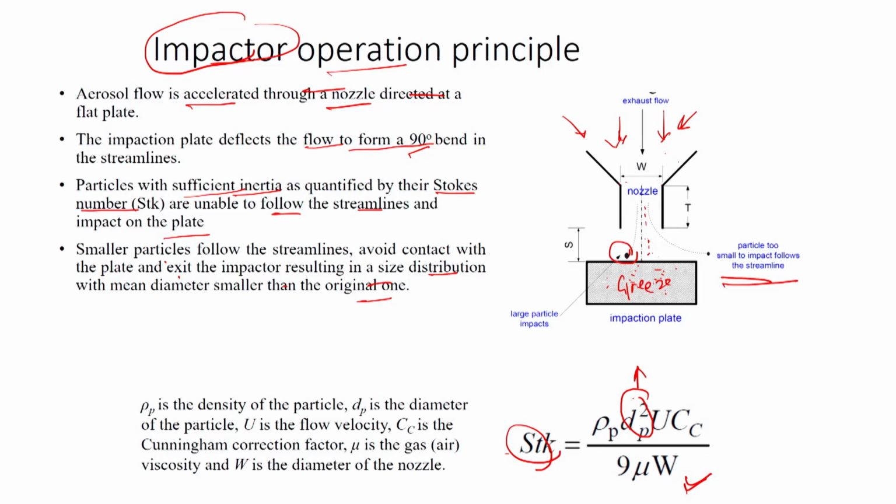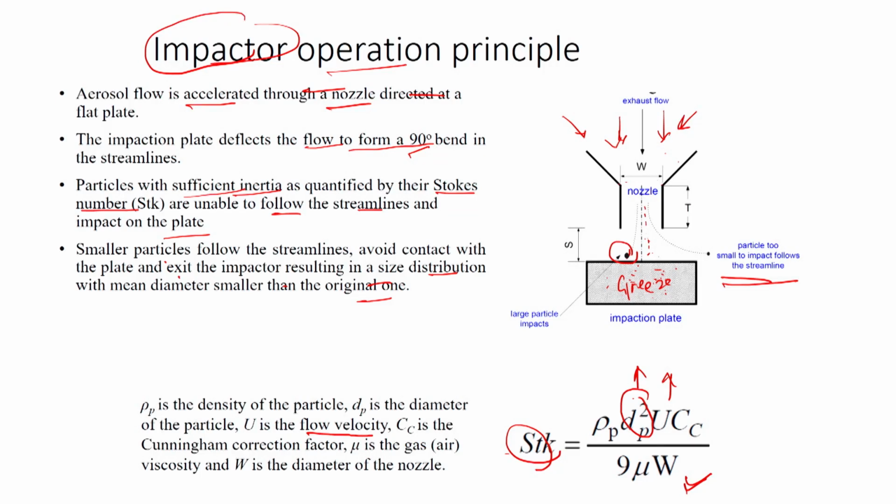And these are the equations, you can just see this. Rho is the density of the particles, dp is the diameter of the particles, u is the flow velocity. So velocity is very important, the Stokes number is directly proportional to the flow velocity. Cc is the Cunningham correction factor.